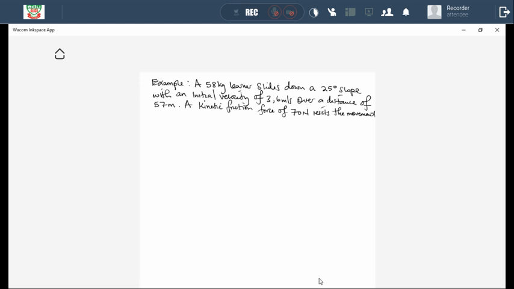Then item A: calculate the gravitational potential energy. We are not going to draw a free body diagram here.